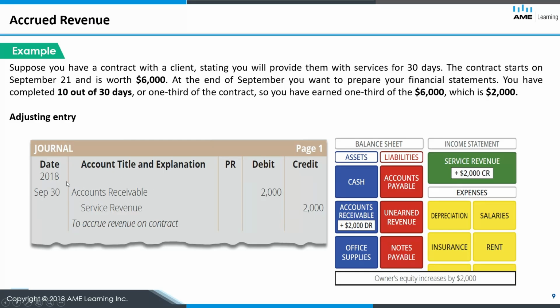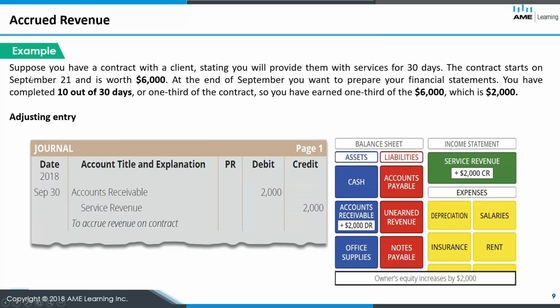So it's not only an adjusting entry, something that we're going to consider at the end of the accounting period. But with that said, it is sometimes part of our adjusting entries if we get to the end of the month and we do some sort of analysis and we realize that there is a portion of revenue that we've earned during that accounting period that we have not yet accounted for, essentially.